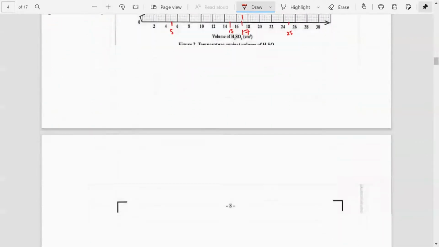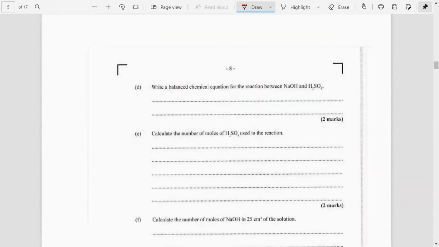So we plotted our graph. D says, write a balanced equation for the reaction between sodium hydroxide and sulfuric acid. That's a simple 2 marks. So H2SO4 gives you your salt, sodium sulfate, and water.